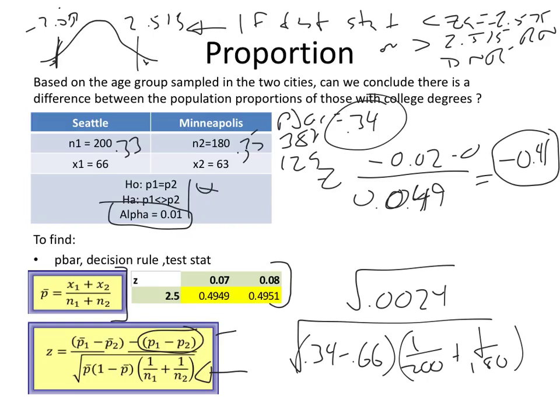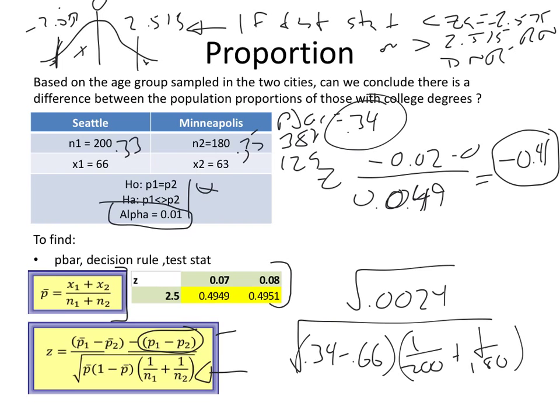All right. So where would that fall? If the center of our distribution is 0, negative 0.41 is somewhere on this side here, but it's not in the rejection region. It's greater than negative 2.575. Thinking back to where we were, we took a sample and have two proportions.